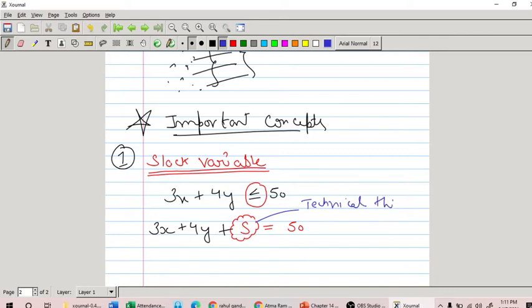Technically, this slack variable is the unused capacity of the resource. This is the capacity which is not used, hence we add it to the equation to make the inequality into equality.